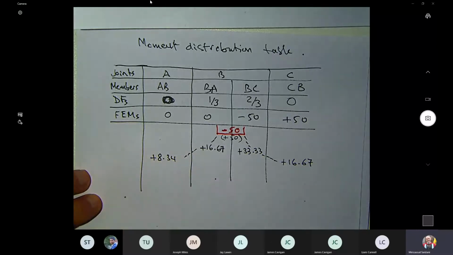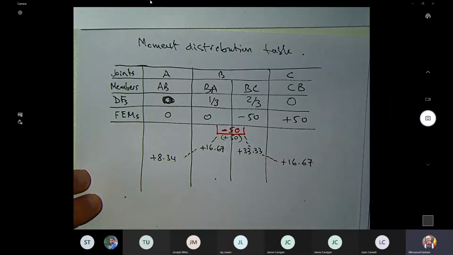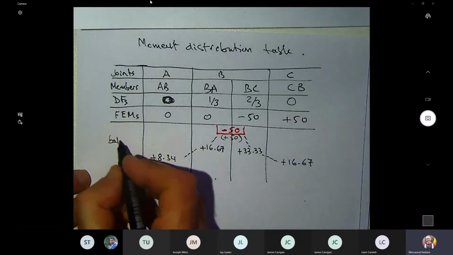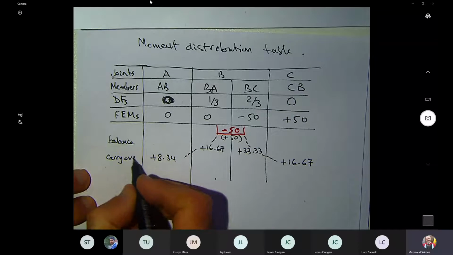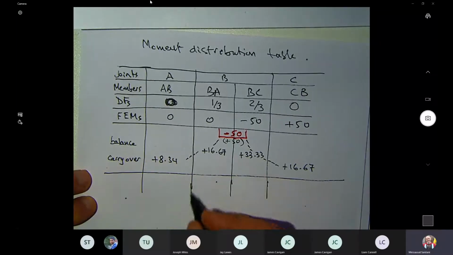Because we've got only one intermediate joint, after one iteration like here, the equilibrium will be satisfied. So we draw a line here: this is balance, and this is carry over.